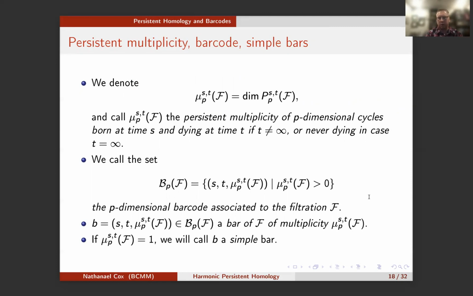And again, we only record it for birth and death times that have positive multiplicity. This set is called the p-dimensional barcode associated to F. And an element of that set we will call a bar with multiplicity mu_p. And if mu_p happens to equal 1, we call it a simple bar.